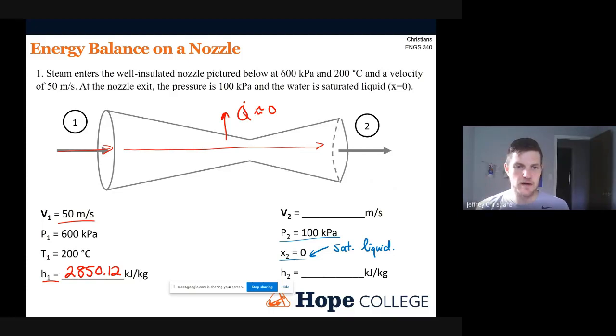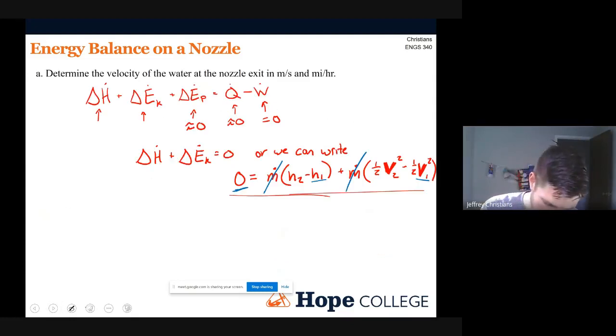So it's liquid water at about 100 Celsius. If you look that up in your tables, that should be 417.44 or thereabouts kilojoules per kilogram. So then we have all of the numbers that we need.